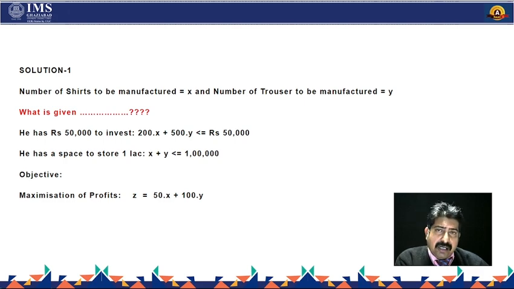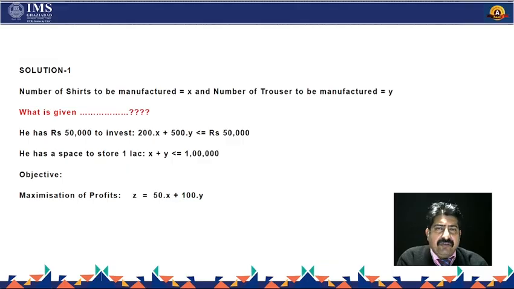Together you cannot spend more than 50,000, not even a single penny more. So 200x plus 500y must equal rupees 50,000 or be less than that, but in no case more, because you don't have enough money to spend more than 50,000.